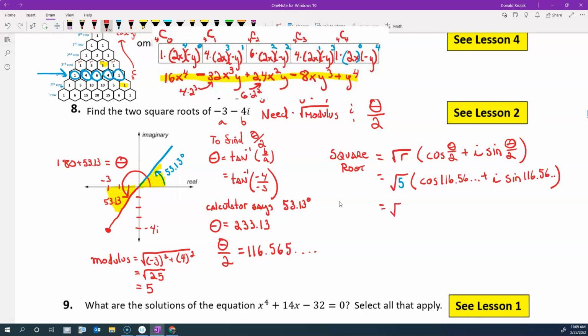So I'm going to multiply the first two, plus, and then I'm going to multiply the second two, i root 5 times sine.